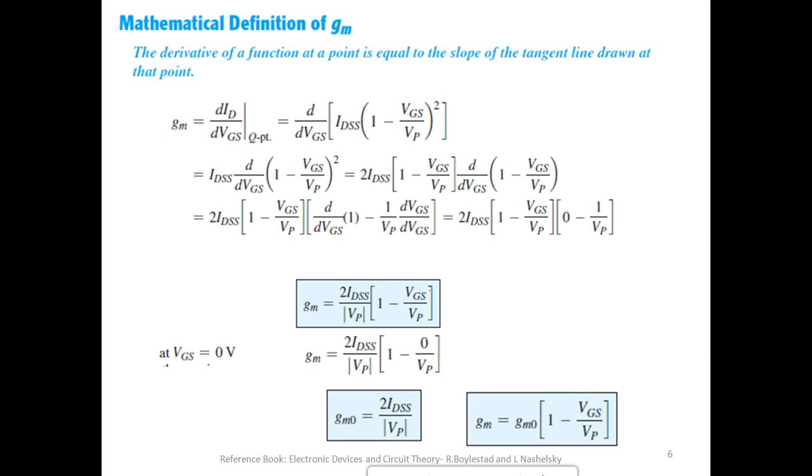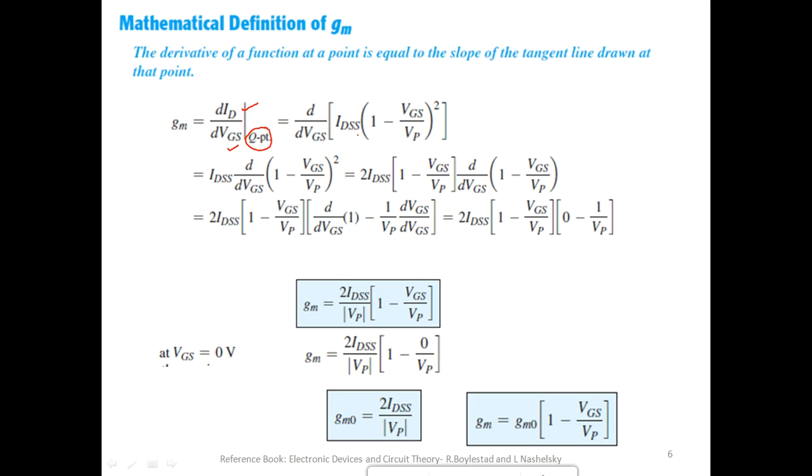GM can also be found mathematically using Shockley's expression. Slope, if you take the limits tending to 0, is just the derivative. So it is the derivative of drain current with respect to gate to source voltage at a particular fixed Q point.